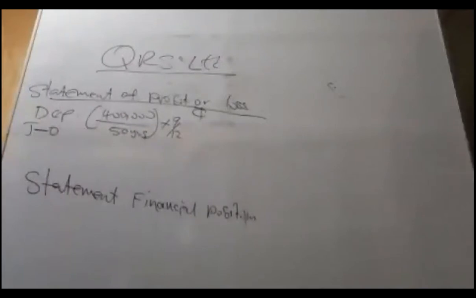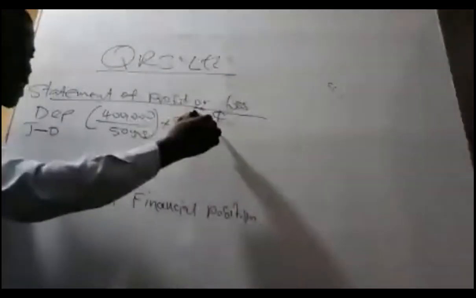And that will give us, that's 400,000 divided by 50 years. And then you pick 9 months out of it. So probably you get something like 6,000.